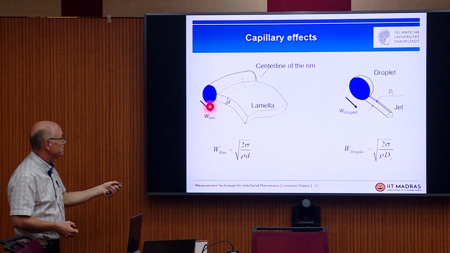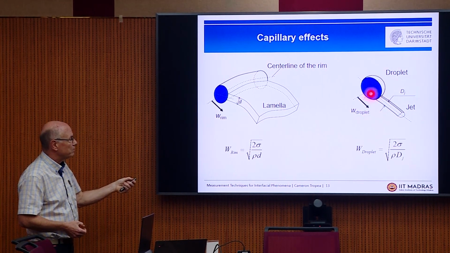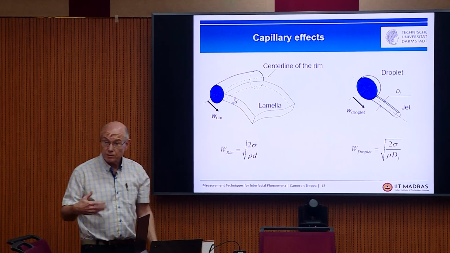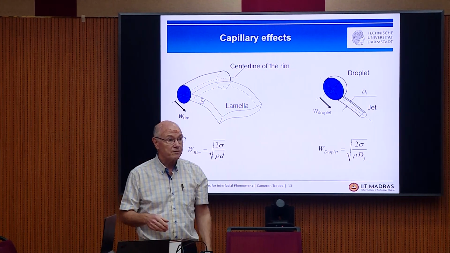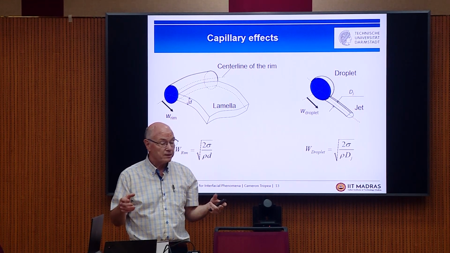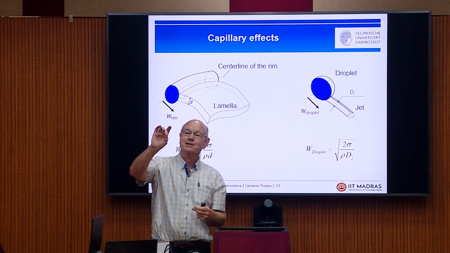Now the Taylor rim. If you had a finger with a drop on the end, the same thing would happen. You get the same velocity. Okay, this is really important because this is one of the fragmentation measures, and maybe you know this very experiment.